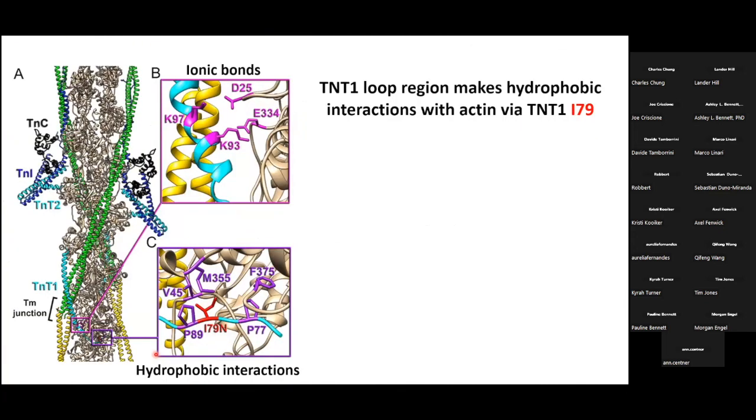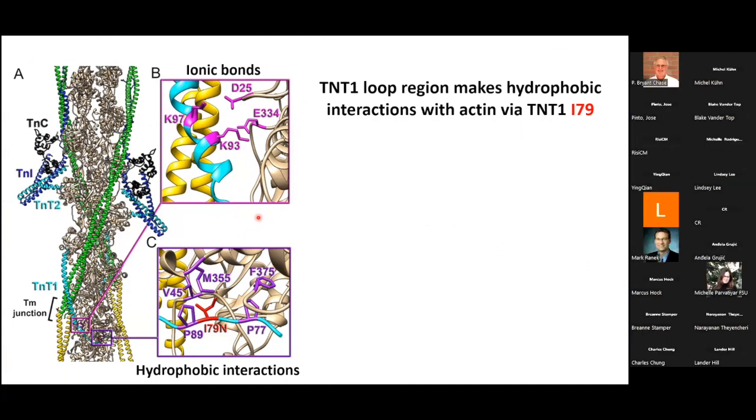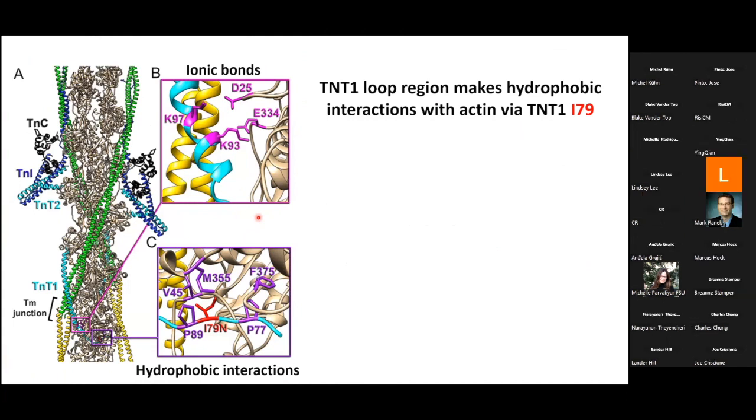So in addition to this I79 and methionine 355 interaction, the loop region of TNT1 interacts with the actin backbone via ionic bonds, as we can see here in panel B, and also other hydrophobic interactions that we can see in panel C. And they stabilize the relaxed off state of the cardiac thin filament.